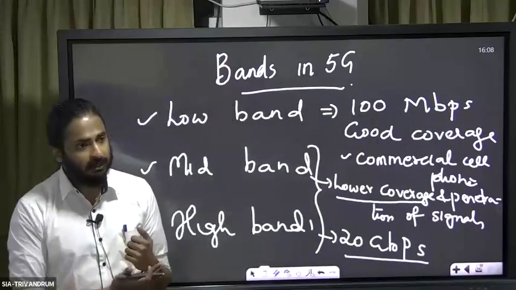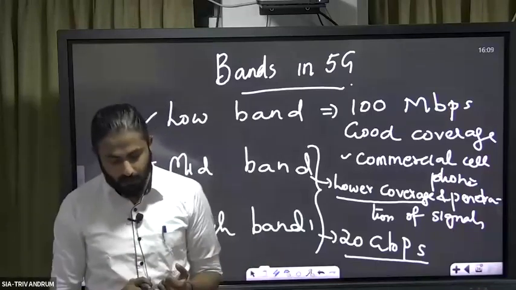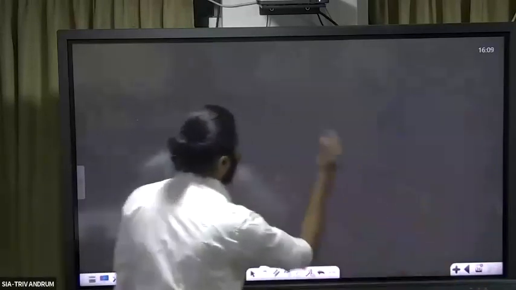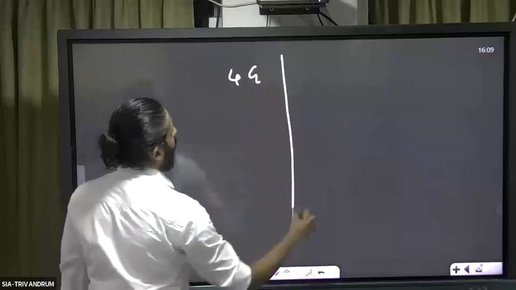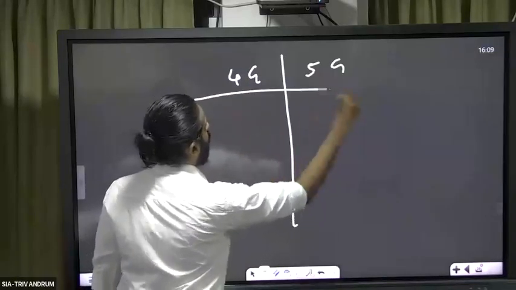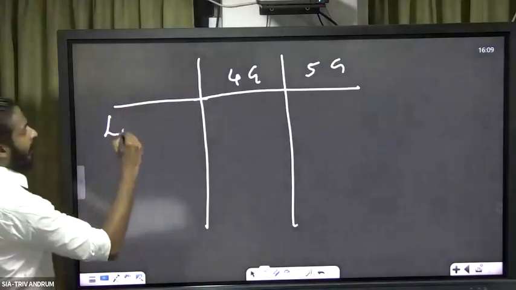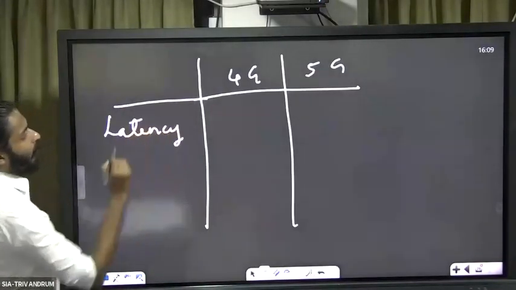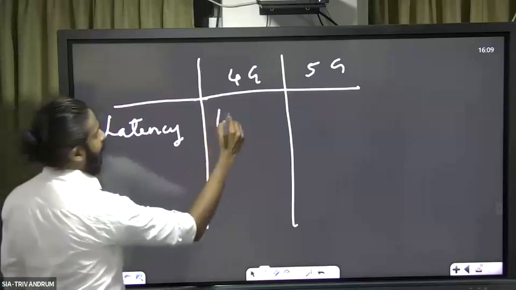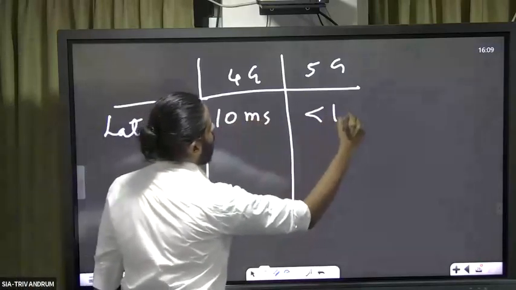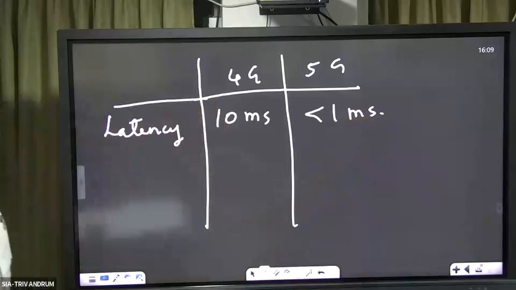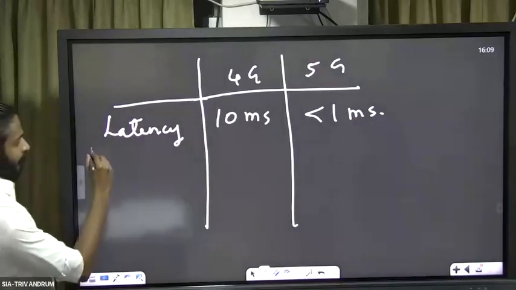So what are the major differences between 4G and 5G? First, if we compare the latency, the latency of 4G is approximately 10 milliseconds. Here it is less than 1 millisecond. Then data traffic.